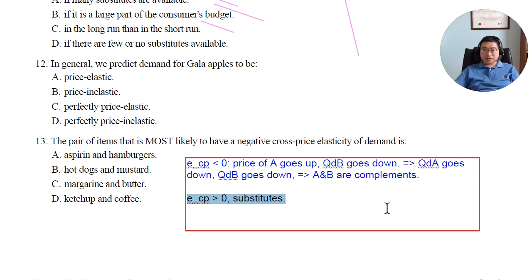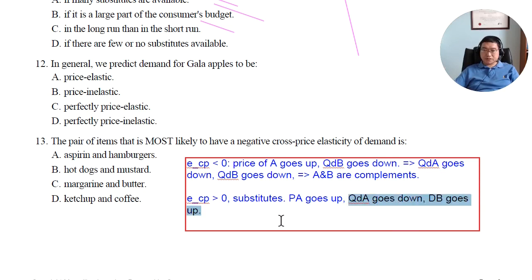Let's say the price of A goes up, then the quantity demanded for A goes down, and they are substitutes. The demand for B actually goes up. They're substitutes. You use B to substitute A.